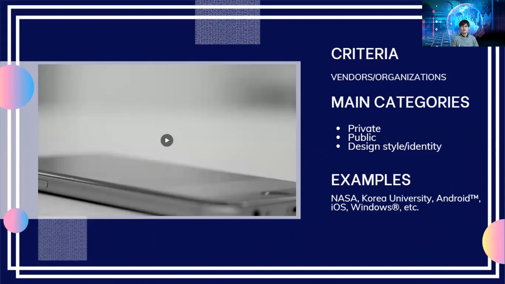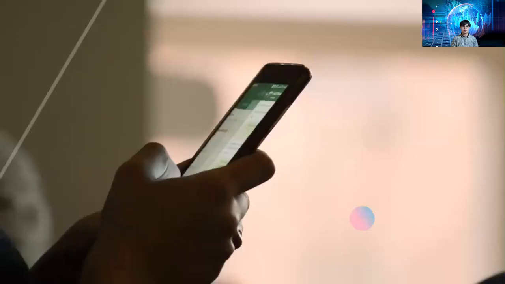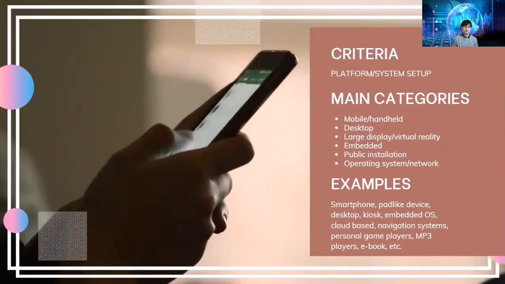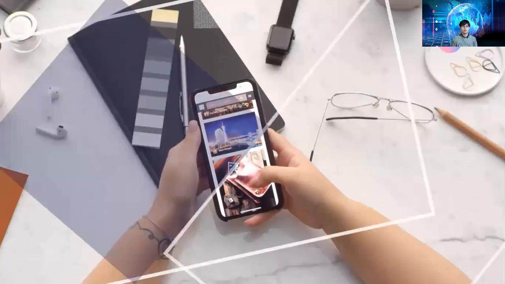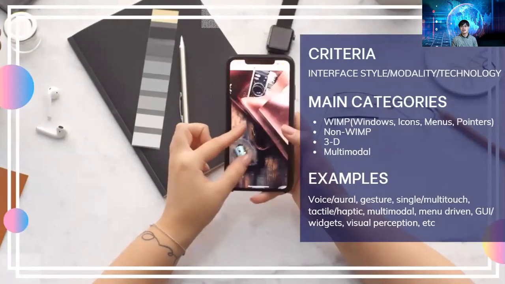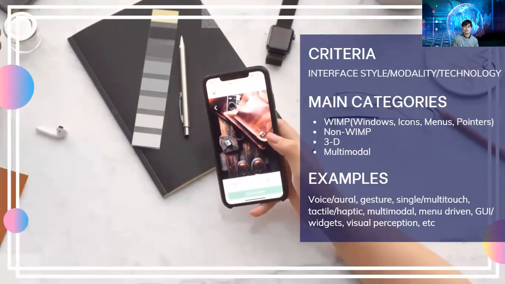Okay. Again, first that we need to consider is the user type. Next is the platform or the system setup, the third is the vendor's organization, and the fourth one is the interface style, the modality, the technology.